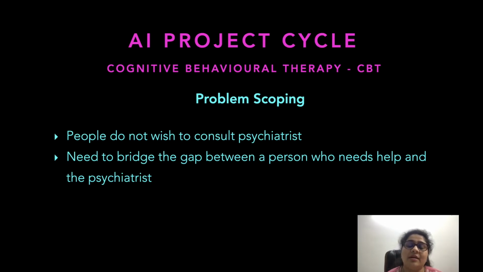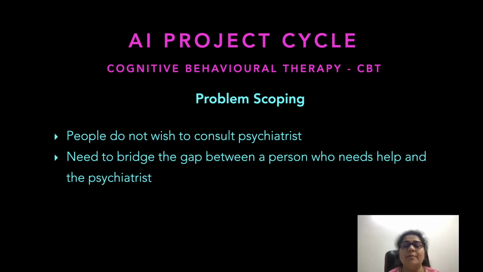There is a big gap between the patient and the psychiatrist. How to fill the gap? There is definitely a need to bridge this gap somehow, so that the person is convinced to talk to a therapist or psychiatrist and reach there, right?